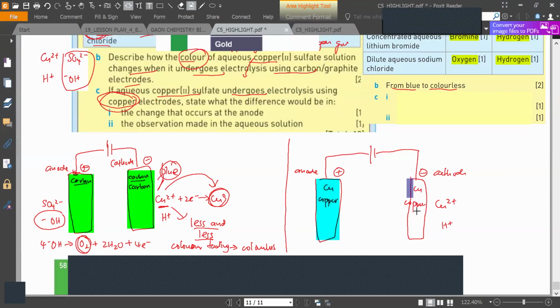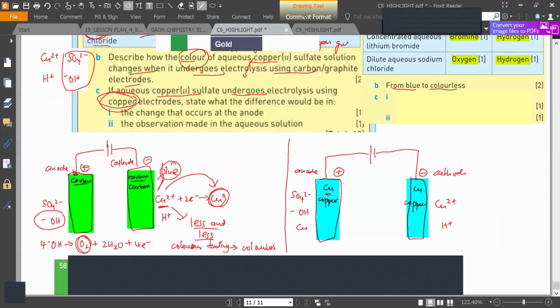If we change the electrode, here we still have sulfate and hydroxide, and we have a new thing: we also have copper here. So we have three things to choose from.